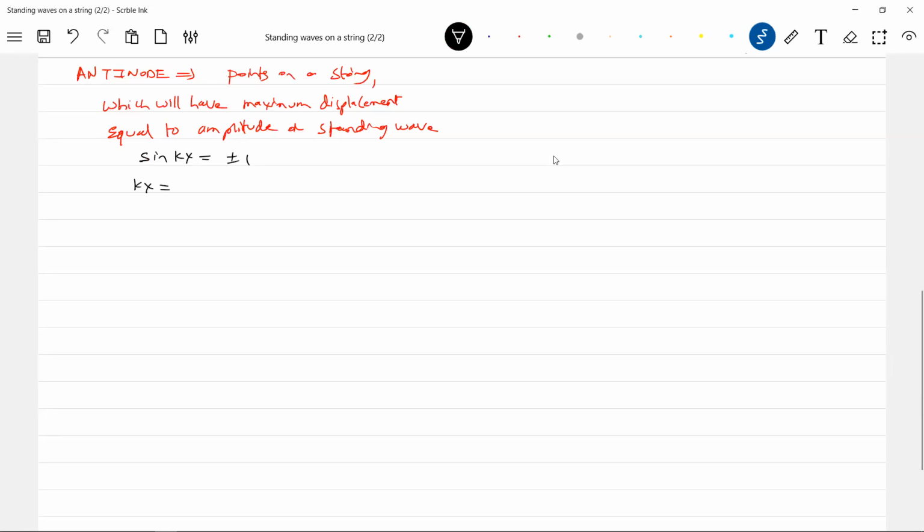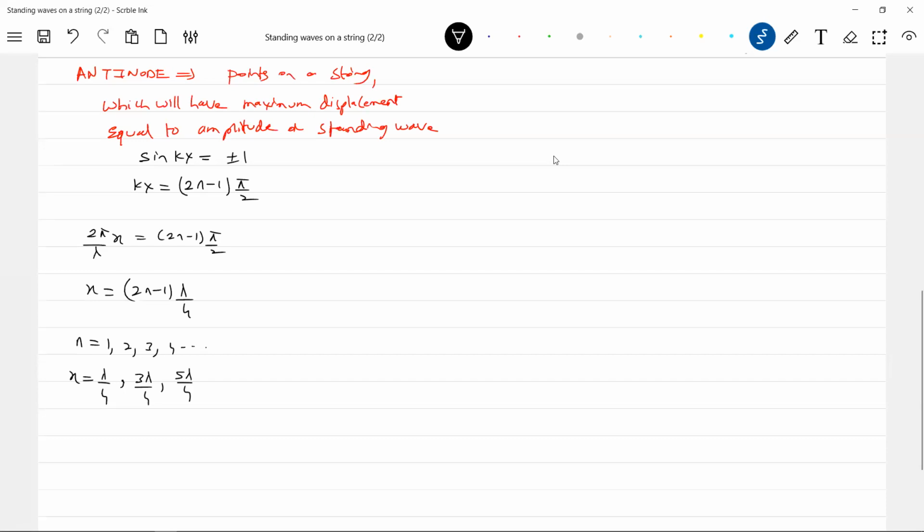Then kx should be equal to, x equals (2n minus 1) lambda by 4. What are the values of n? n equals 1, 2, 3, 4, and so on. So x equals lambda by 4, 3 lambda by 4, 5 lambda by 4, 7 lambda by 4, and so on.